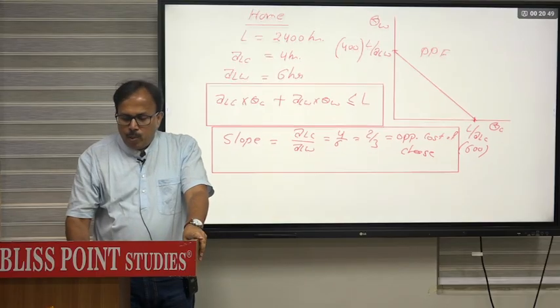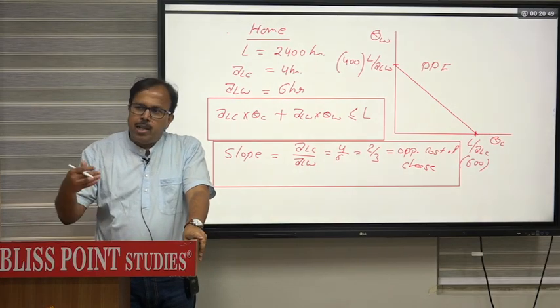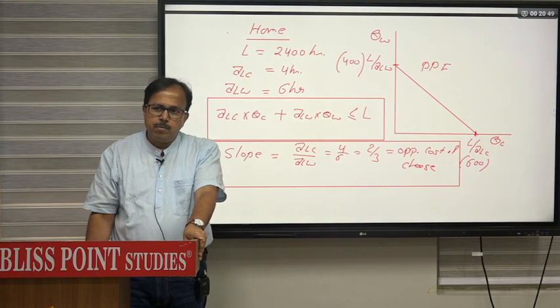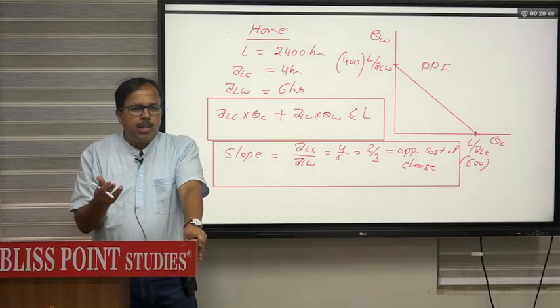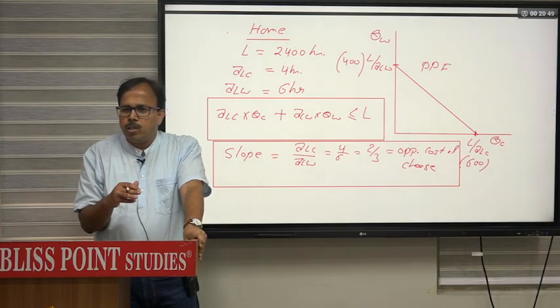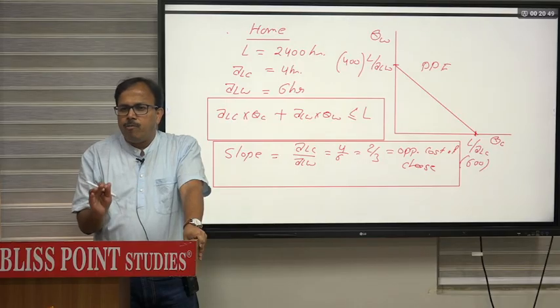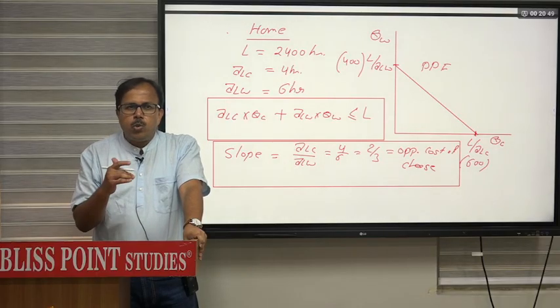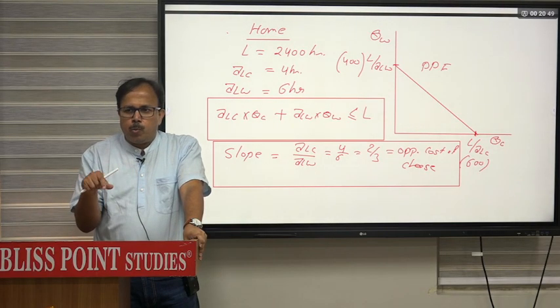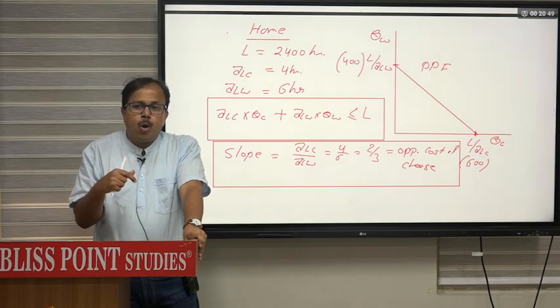Just as we have calculated for the home country, similarly we can calculate for the foreign country. So we have the information for opportunity cost of cloth or cheese and wine for home country and foreign country. So once you calculate that opportunity cost for both products, which country will have comparative advantage?